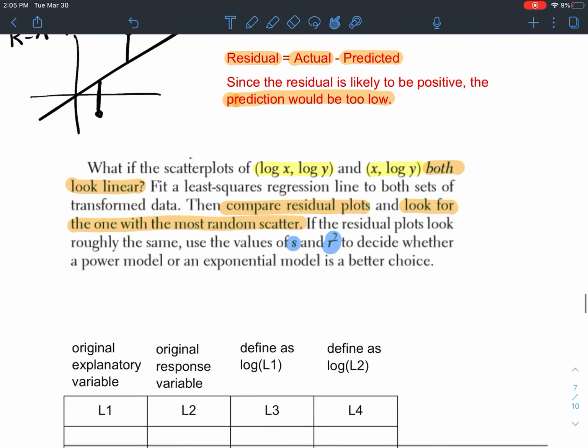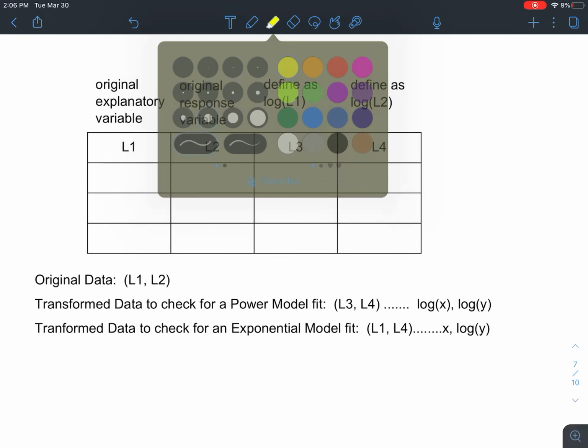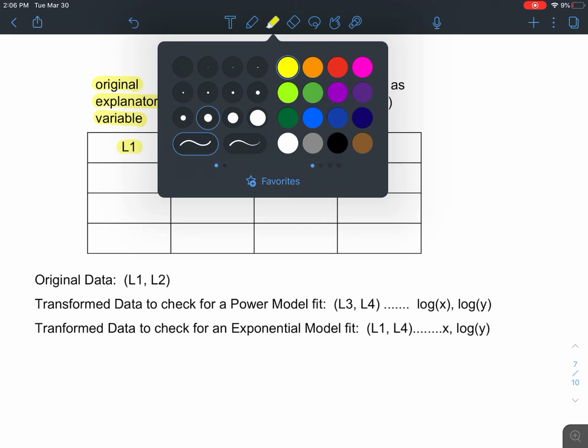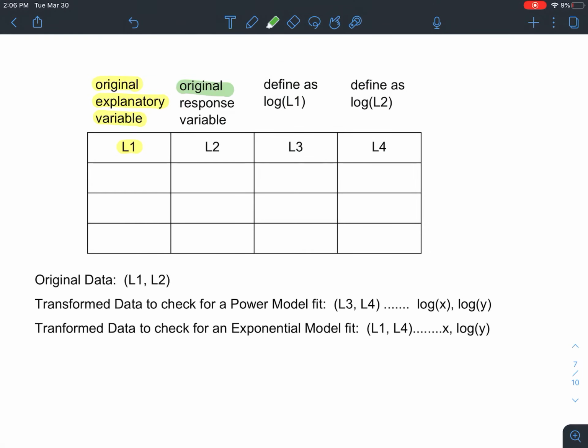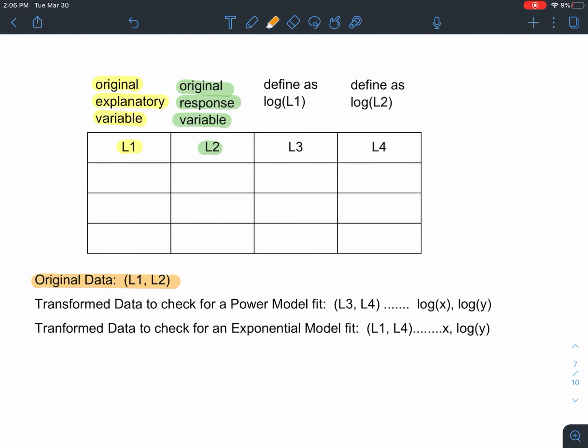So here's how this would work. What you would do with the data set is put the original explanatory variable into L1 on your calculator, and the original response variable into L2. So that if you made a scatter plot, the original data would just be a scatter plot of L1 and L2.